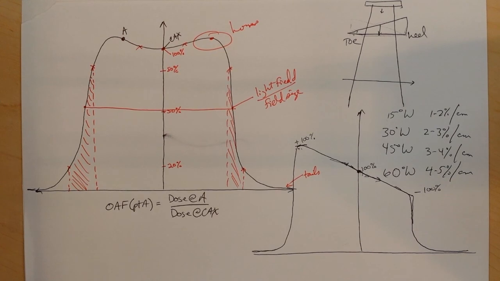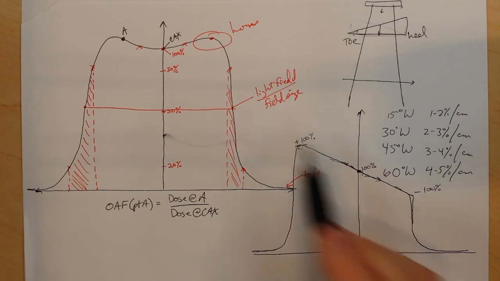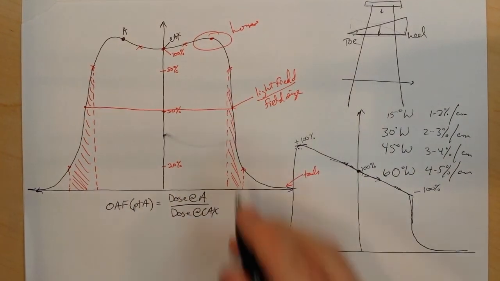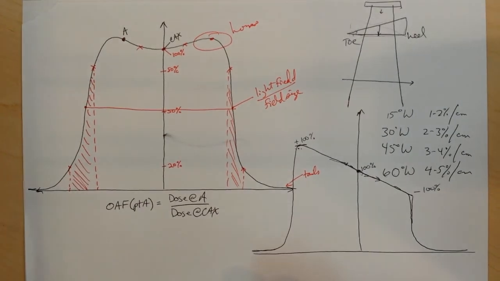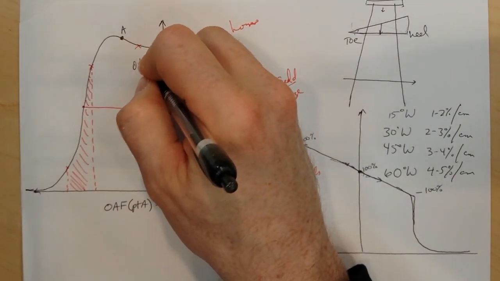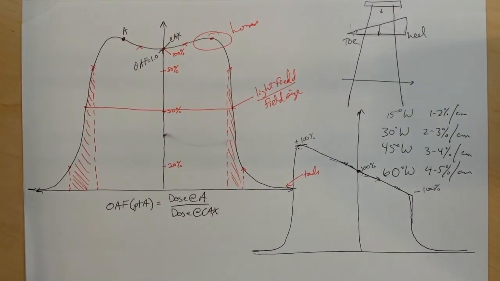And that's all it is. Note that this is going to be 1.0 on the central axis, because everything is normalized to 1.0 on the central axis.